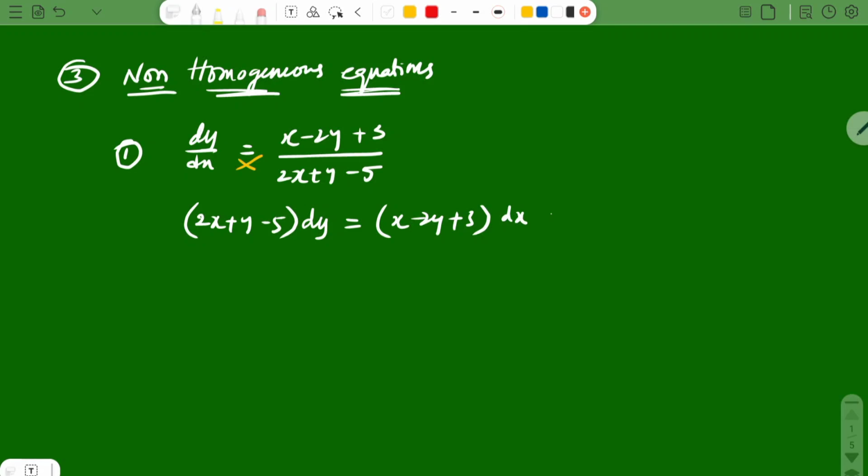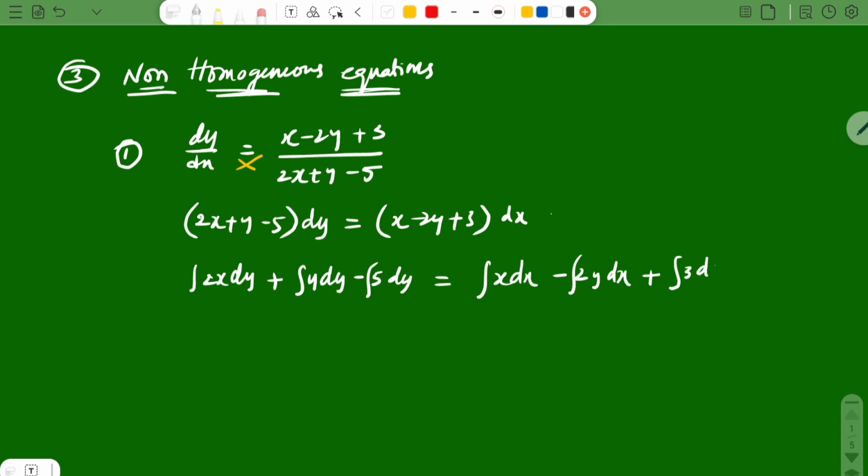So now integrating separately each and every term, integral 2x dy plus integral y dy minus integral 5 dy, which is equal to integral x dx minus integral 2y dx plus integral 3 dx. Here we have to be very careful. Here integral 2x dy minus 2y dx.